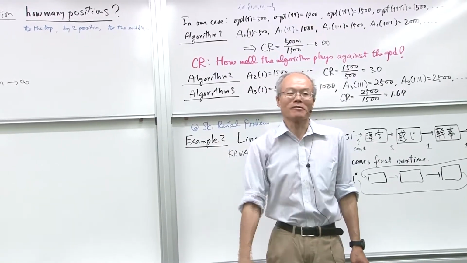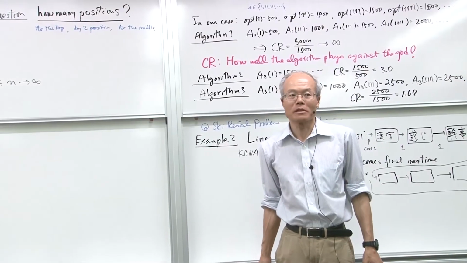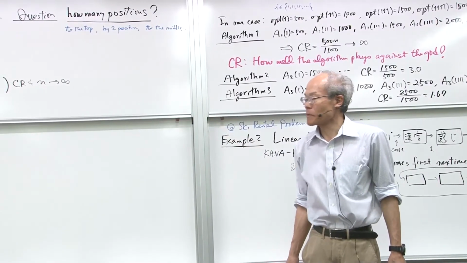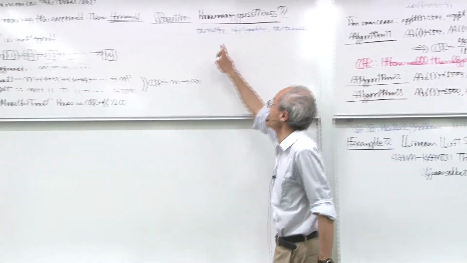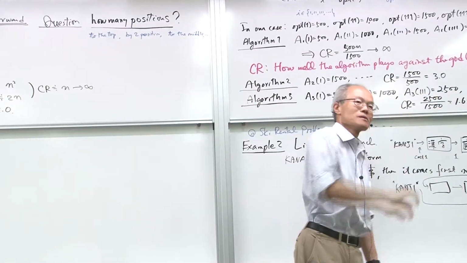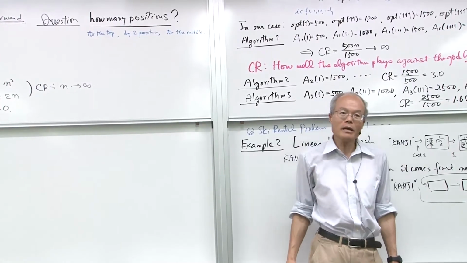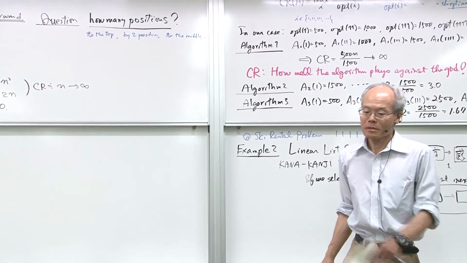The real thing starts from now, maybe the next 30 minutes. It's really important. We're going to prove this theorem: the move to front algorithm has a competitive ratio of 2.0. What is move to front? Always move the accessed item to the top. A very simple algorithm. That algorithm has a competitive ratio of 2.0.